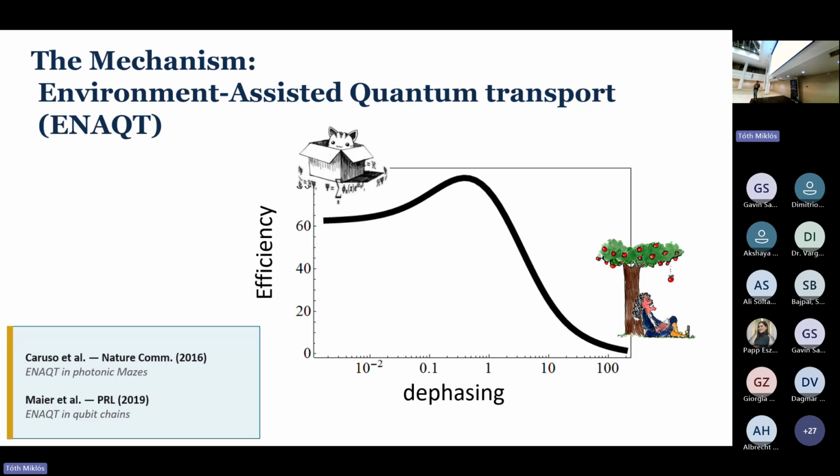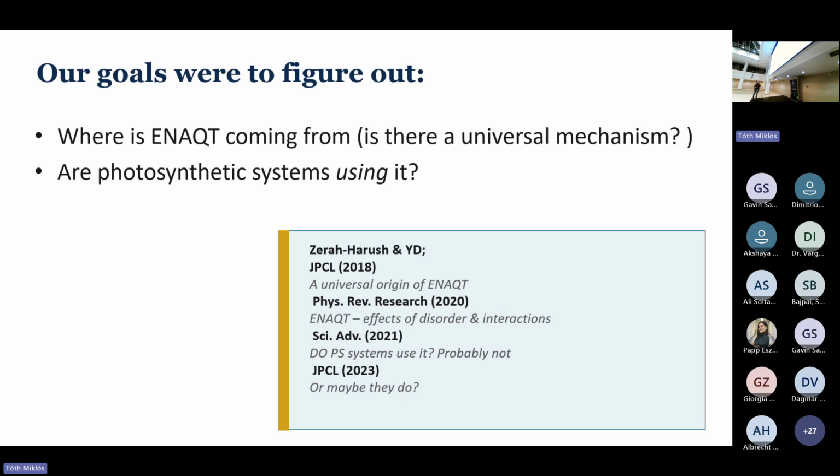Everything is diffusive and all the equations can be mapped into classical dynamics. And if you look at the efficiency, at some point there is a maximum. So the idea was that the structure of photosynthetic complexes is such that the system is right in this Goldilocks regime where there is a finite amount of quantum coherence, which is just enough to increase the efficiency. And again, this effect has been demonstrated experimentally using external noise as a dephasing actor to show environment-assisted quantum transport.